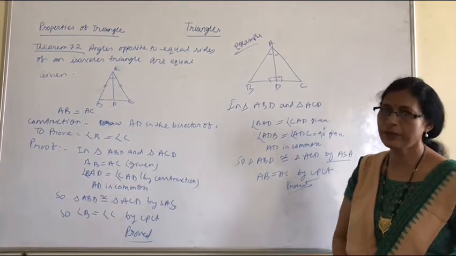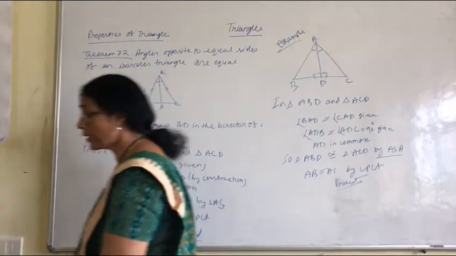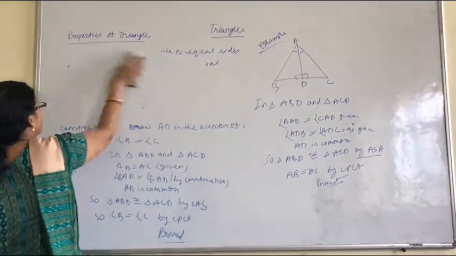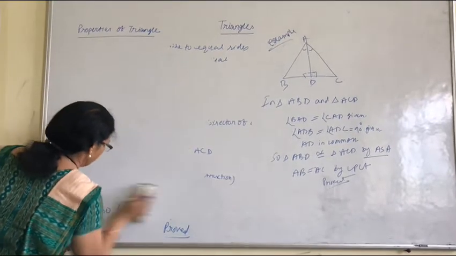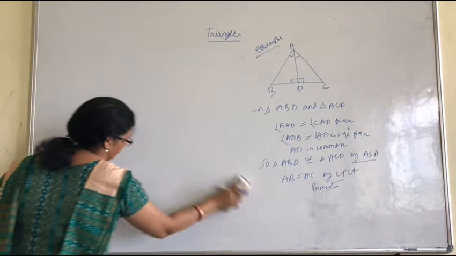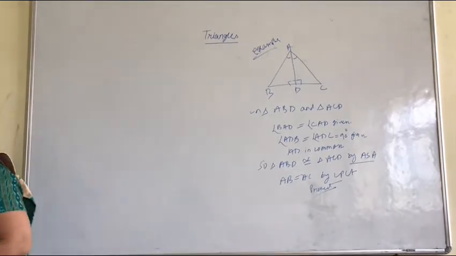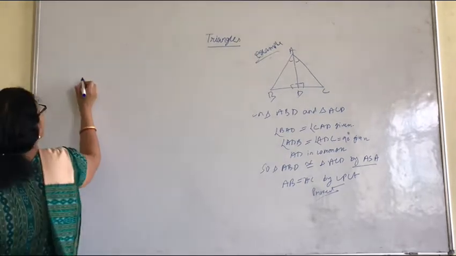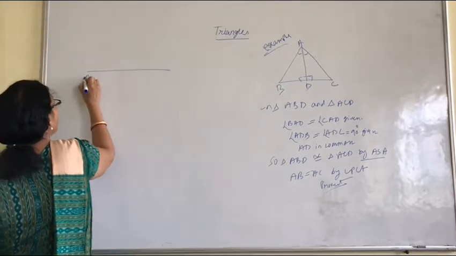Your example 7. This is a very important example. Your question is, AB is a line segment.